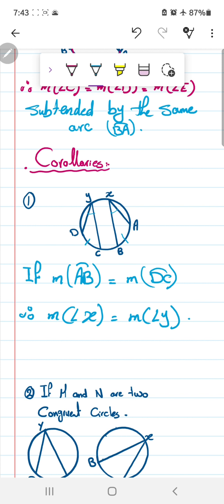And as we said here, if the measures of arcs are equal, the lengths of the arcs are also equal. So here the length of arc AB equals the length of arc CD.